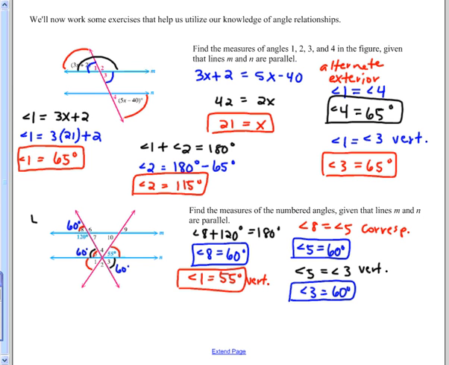So on the bottom, I can finish that up if I just knew angle 2 or angle 4. I'm going to look at this as an entire section, and thus I would see that angle 1 plus angle 2 plus angle 3 make that straight angle, or that straight line, and would equal 180 degrees.